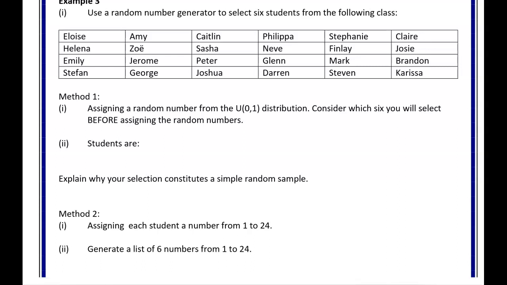Now, what do you think that means? U01. Uniform distribution between 0 and 1. How do you think we can get that? Notice some of you saw RAND bin and RAND normal.